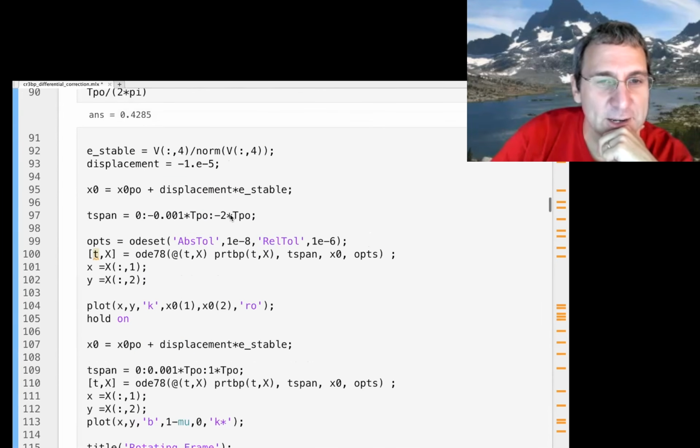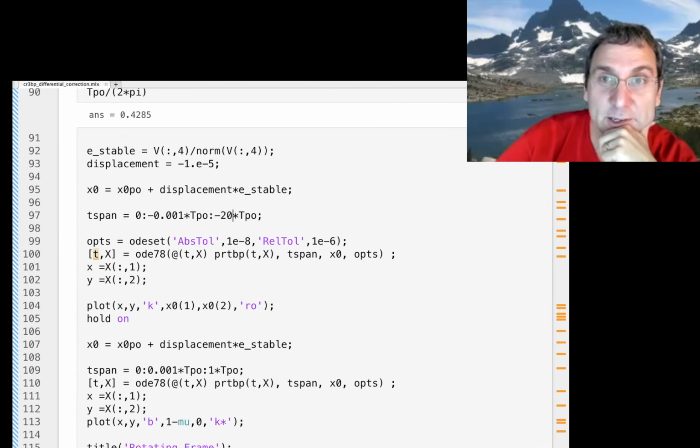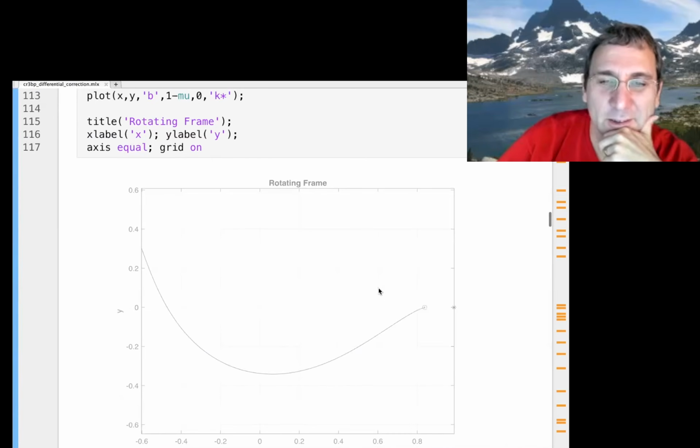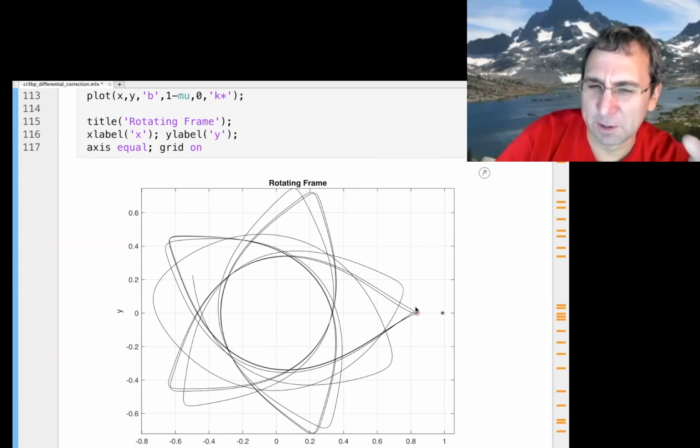Maybe just for fun, I'm going to integrate this backwards 20 times and see what happens. It'll just start filling in the Earth region. And you typically get this 5-pointed star thing for very small Lyapunov orbits, because that corresponds to a certain resonance. I forget what it is, 5-2 resonance.